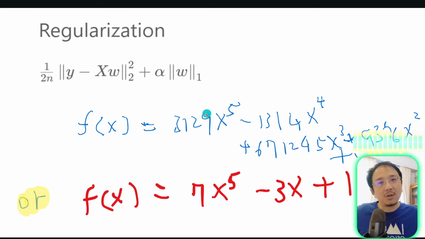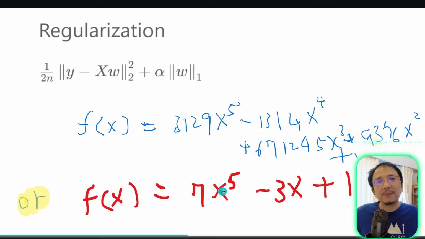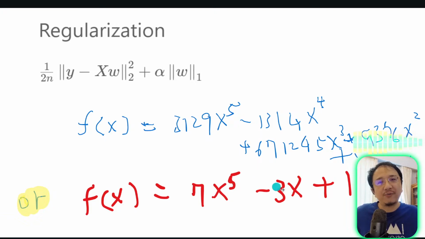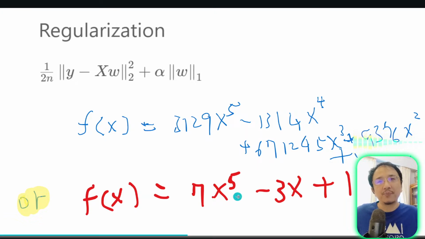And the coefficients of this polynomial are huge, thousands, or even tens of thousands, 100,000. And the other one is like 7 times x to the power 5 minus 3 times x plus 1. This one is simple.